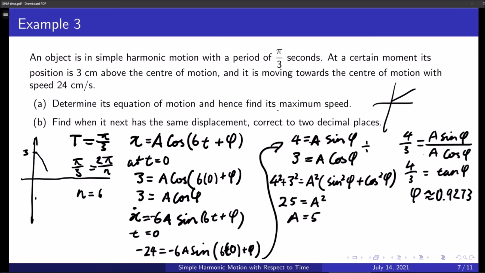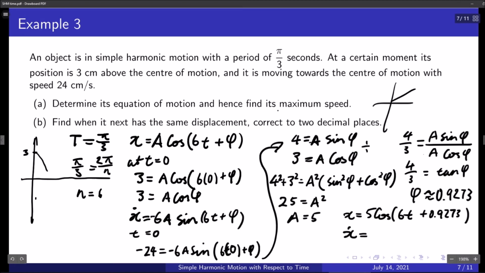So we can now assemble all the information. We can just say x equals 5 cosine (6t + 0.9273). Yeah, and of course we can also do the same for velocity or speed.